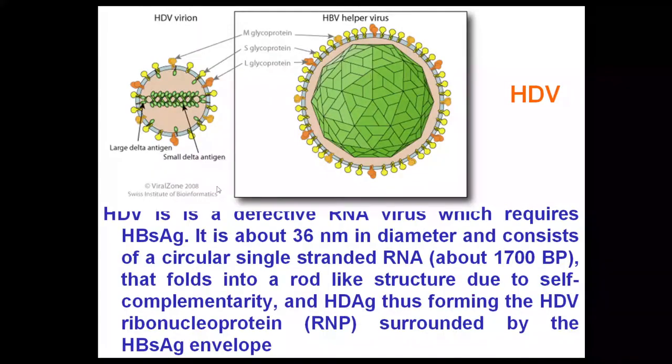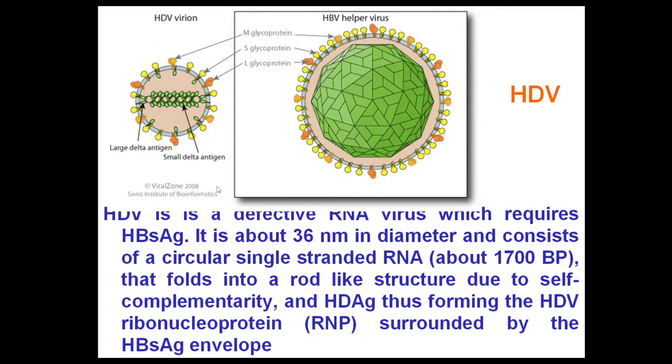So, inside we have a single-stranded circular RNA molecule, a very small one with 1,700 bases, that usually folds into a rod-like structure due to self-complementarity.